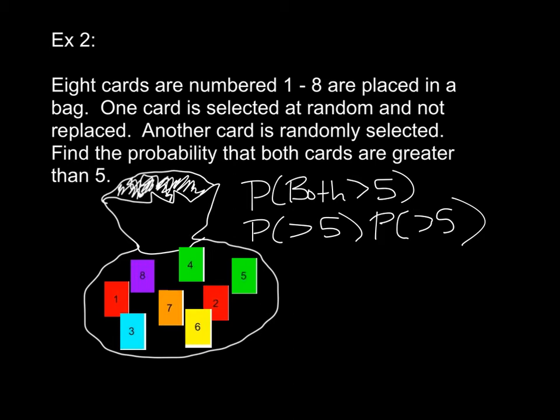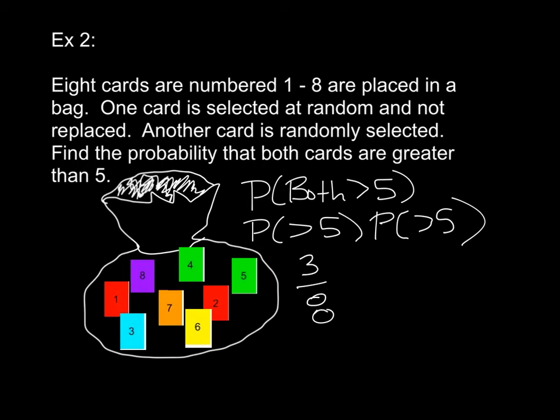The first time we pick a card, and let's just randomly pick one, we have 1, 2, 3 cards that are greater than 5, out of 8 total cards. So the probability of our first one being greater than 5 is 3 over 8.